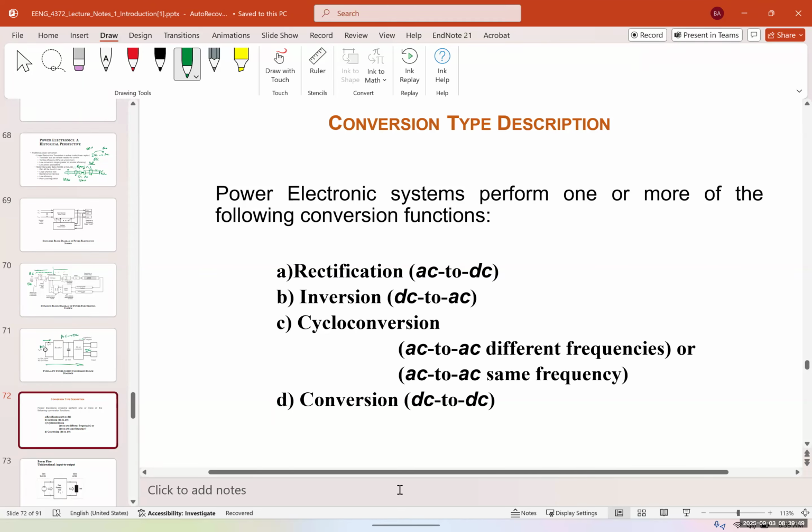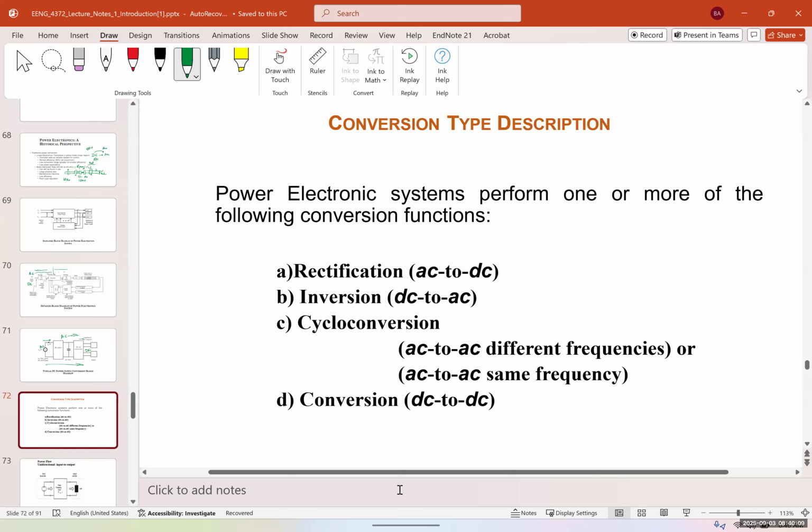So, conversion type descriptions: we have different conversion types for power electronic systems. The PE systems perform one or more of the following conversion functions. We have rectification, which is AC to DC. We have inversion, which is inverters, that's DC to AC.